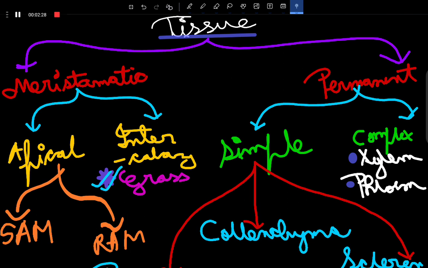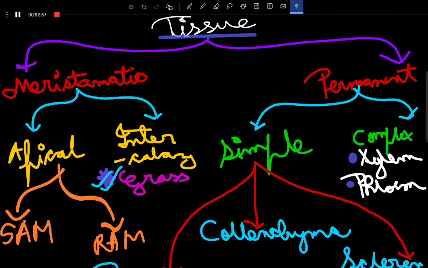Meristem means cells which have the capability of division, like 1 to 2. But the permanent tissues contain cells which lack the capability of division. They can't divide. They have no right to make two copies of themselves.